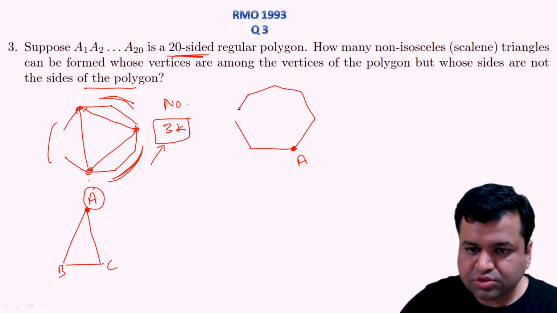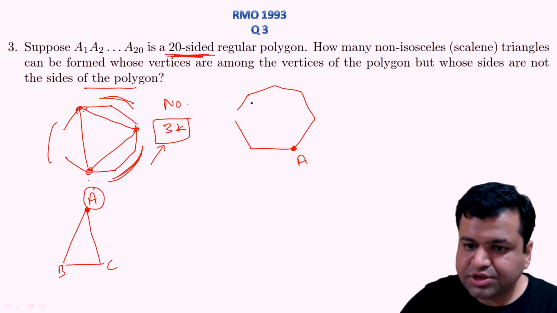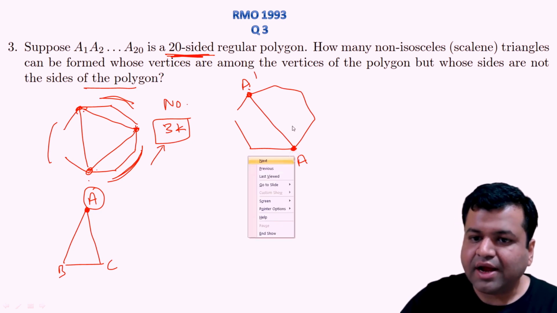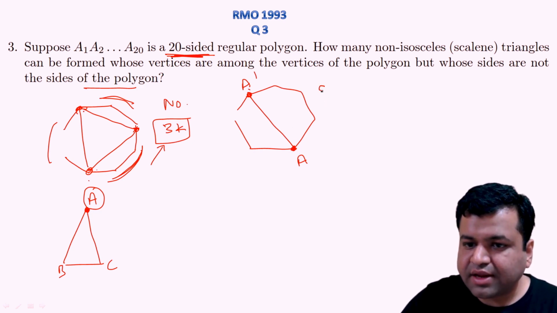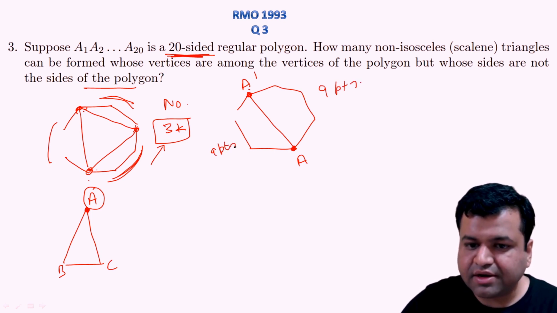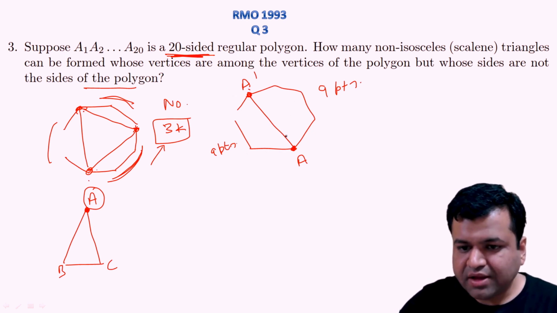Okay, so since this is a 20-sided polygon, right? There will definitely be a point which is directly opposite to A. Let's say this is A dash, right? So if I join A and A dash, I have already consumed 2 points, right? And so there will be 9 points this side and 9 points this side, right? That will make a total of how many points? 20 points, right? Now I want to calculate the isosceles triangles, okay?